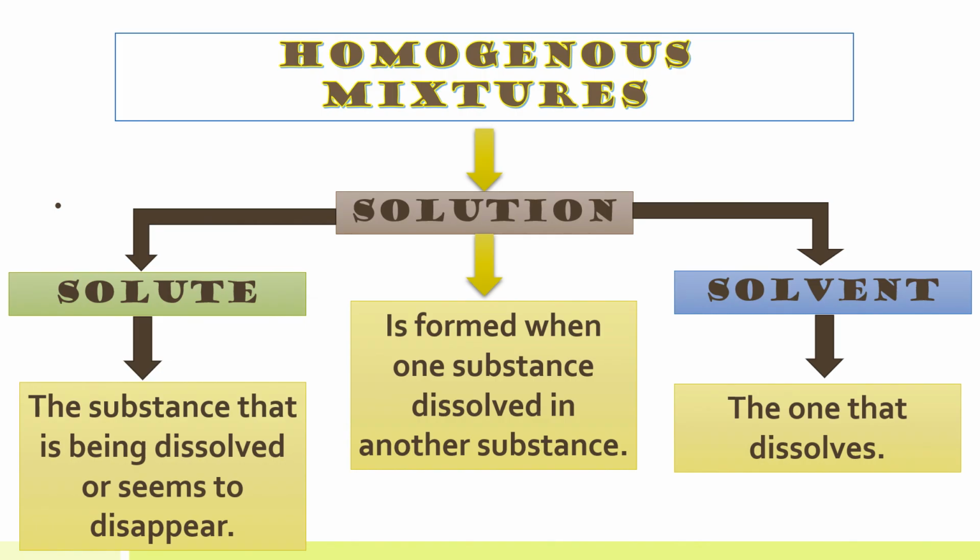So let us define first or know what is composed of homogeneous mixture. For homogeneous mixture, we have here the solution. Under the solution, we have the solute and solvent. So a solution is formed when one substance is dissolved in another substance.